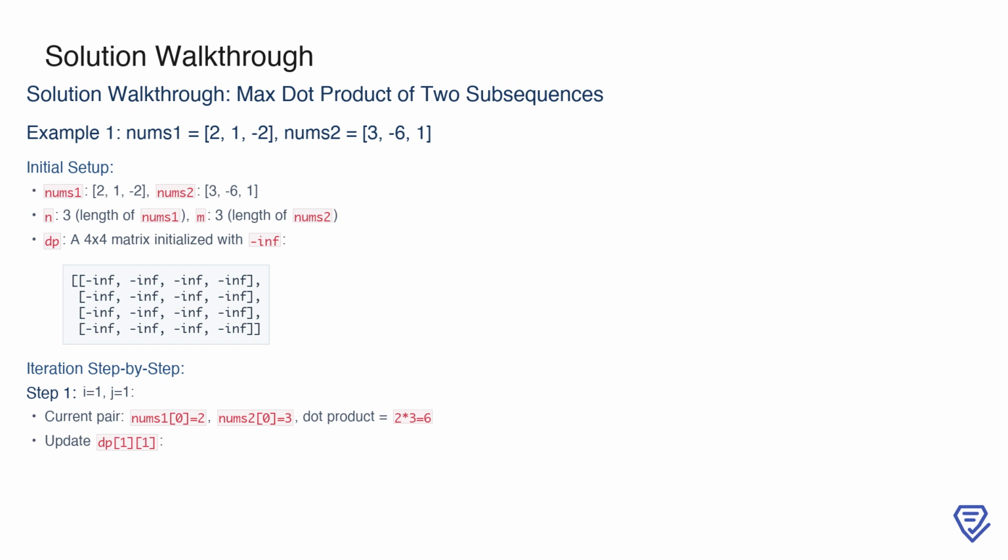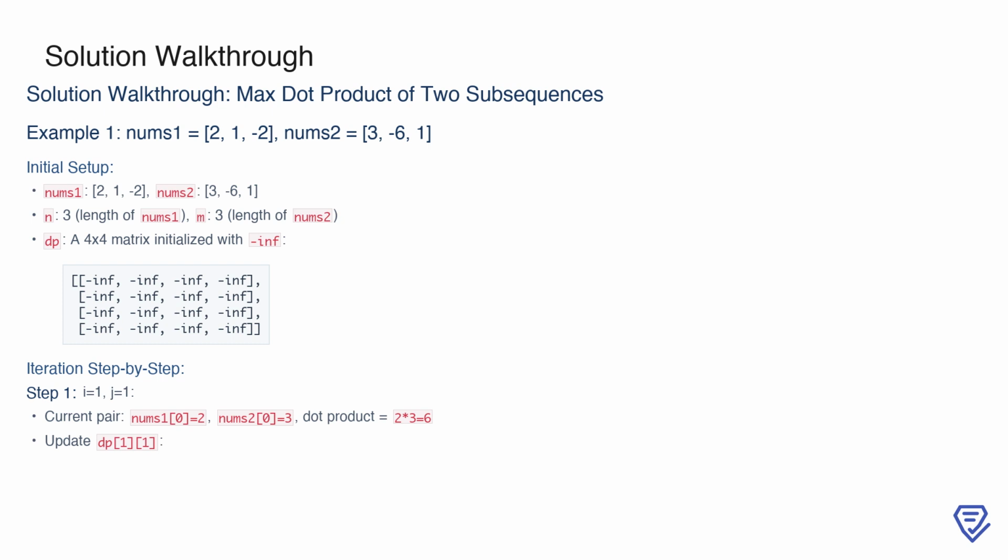Now, we start iterating through the elements of both arrays, calculating the dot product for every pair and updating the dp table accordingly. In the first iteration, at i equals 1 and j equals 1, we consider the pair nums1[0] and nums2[0], that's 2 and 3 respectively. Their dot product is 6.